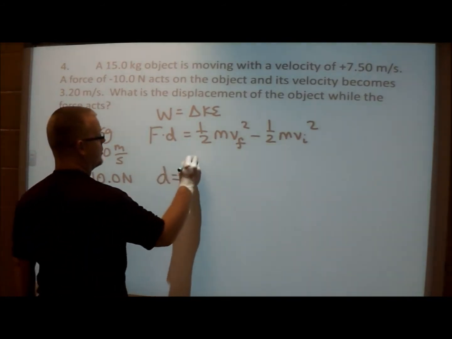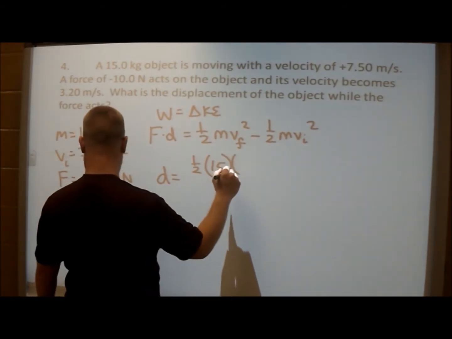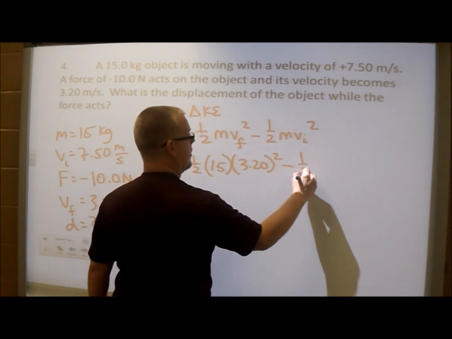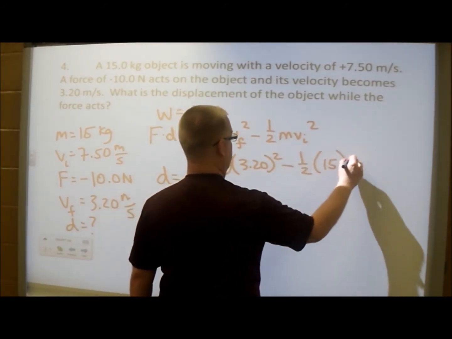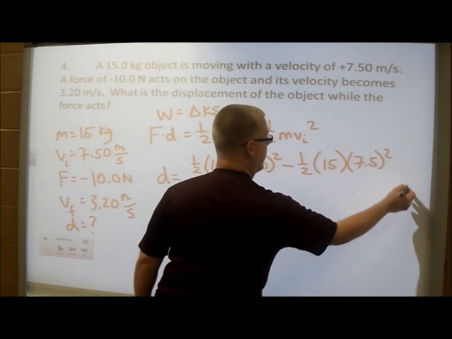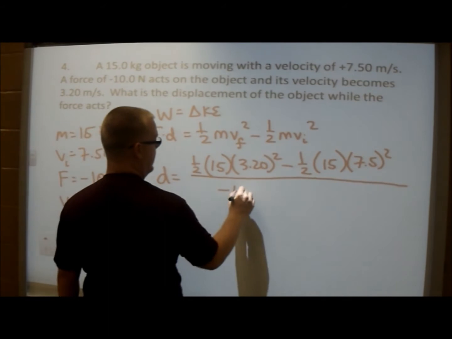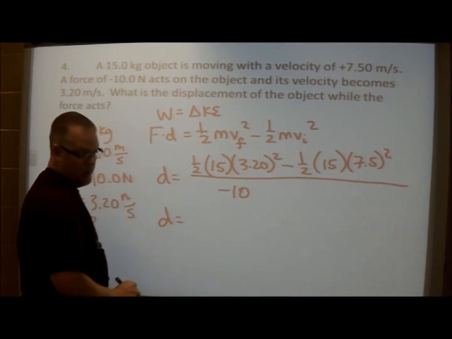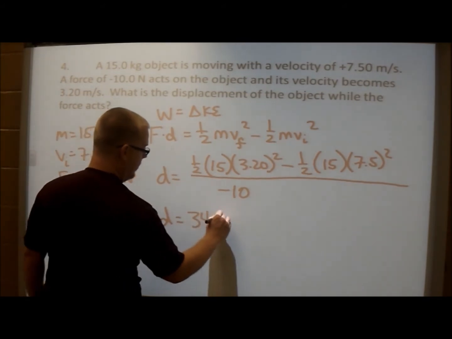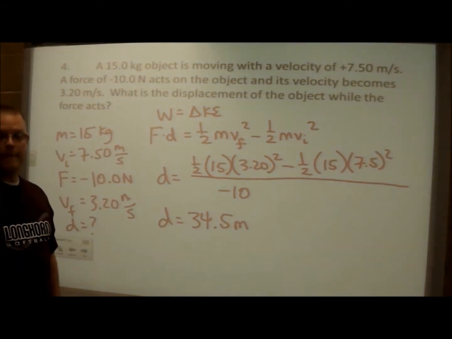So my distance is going to be 1/2 times 15 times 3.2 squared minus 1/2 my mass times 7.5 squared all over the force, because I need to get force away from over here, -10. When I work number 4 out, I should get 34.5 meters. That is 1 through 4.